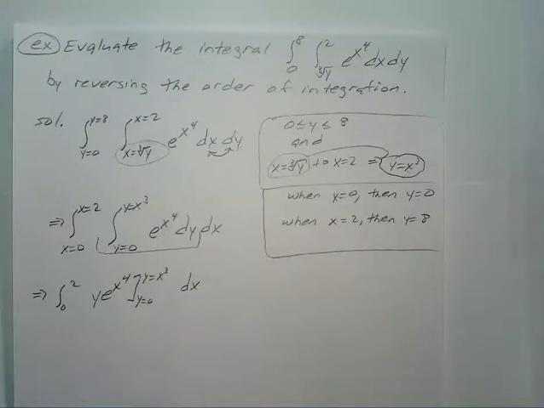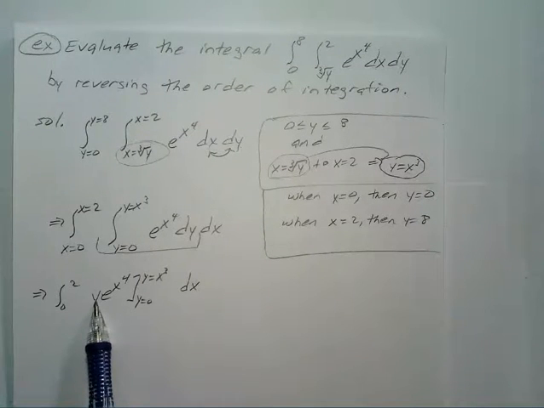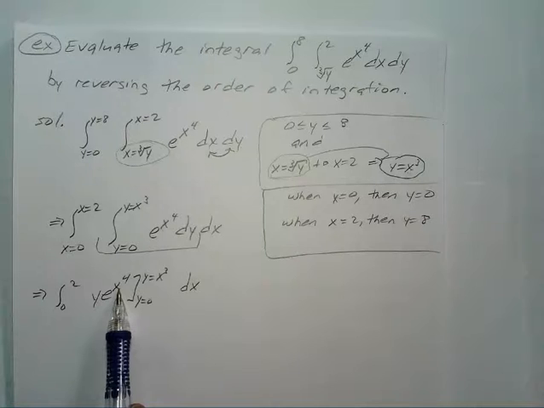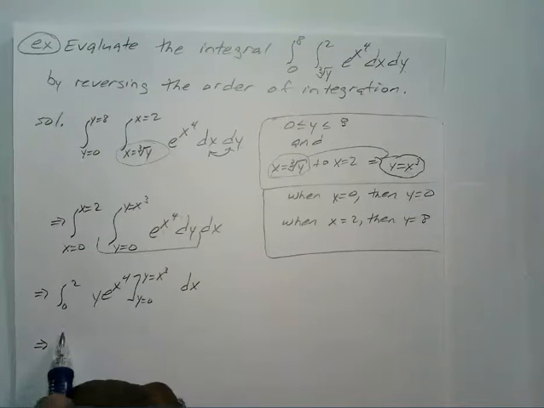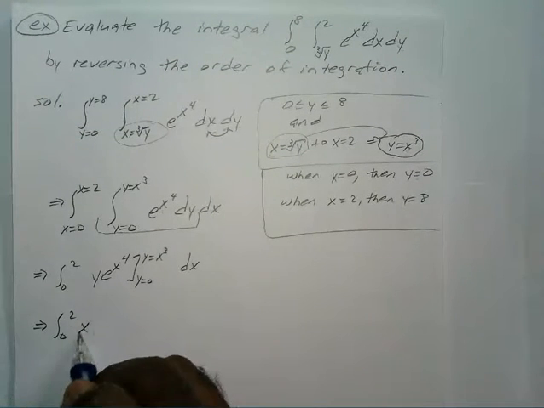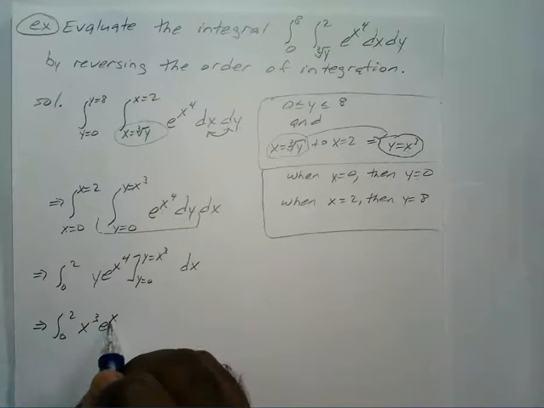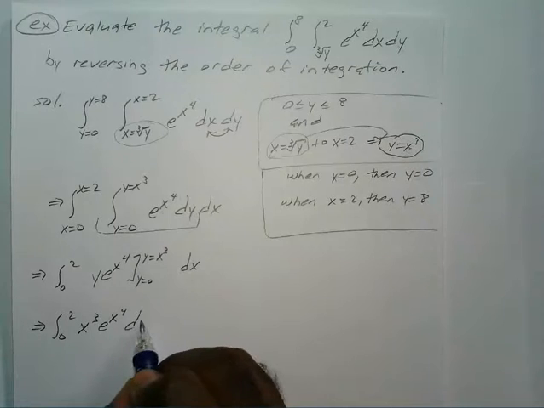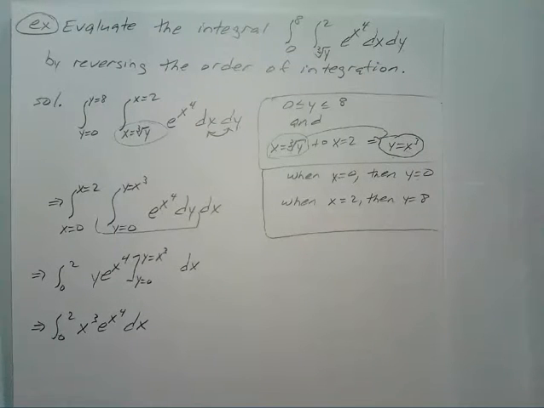We know that's dx. Okay, so here we plug in x to the third, you get x to the third times e to the x to the fourth. You plug in 0, that's just 0. So that just becomes the integral from 0 to 2 of x to the third e to the x to the fourth with respect to x. Now we go ahead and integrate that.